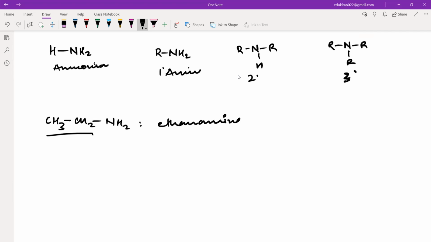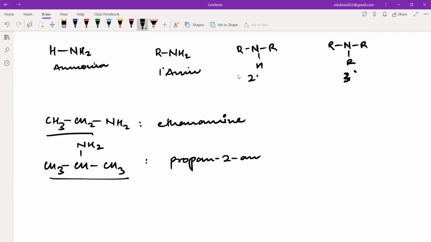If you have something like CH3CHCH3 with the NH2 group on the middle carbon, then this is propane-2-amine. So basically it is RNH2, and it is alkane amine if you have simple nomenclature.